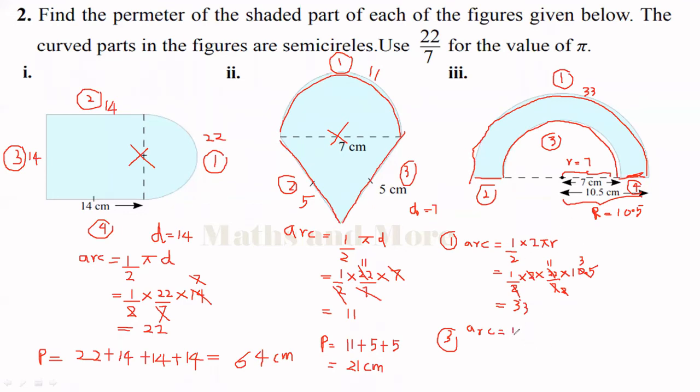So directly I will substitute half into 2 into pi means 22 over 7.